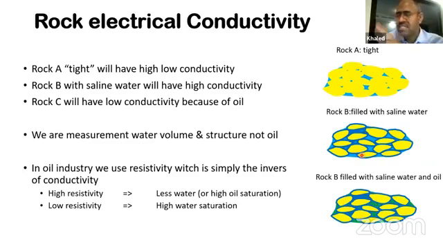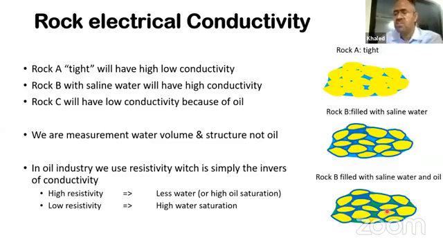From this, you can see that we are not seeing hydrocarbon, and we don't make a difference between oil and rock in resistivity or conductivity. We always make the difference between water and something else. So is it rock or is it oil? The resistivity tool, the electrical tool, doesn't know.